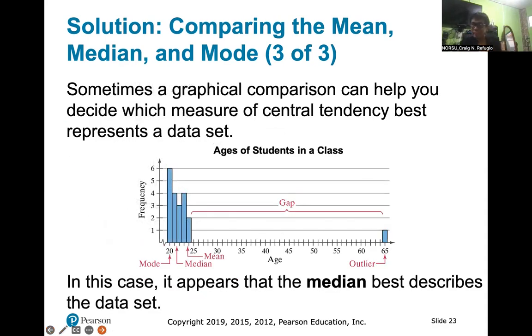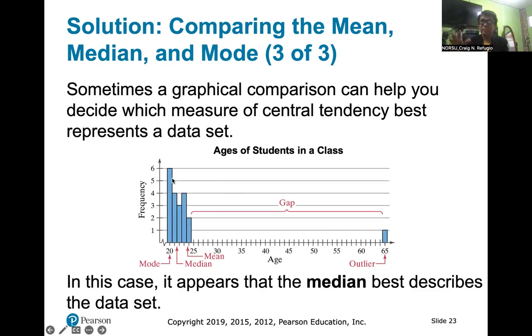Okay, so that's the graph, and that is a computer-generated graph. So we have now the location of the mode, the location of the median, and the mean. The median is at the middle, from the term itself, median. Mode refers to the tallest one.